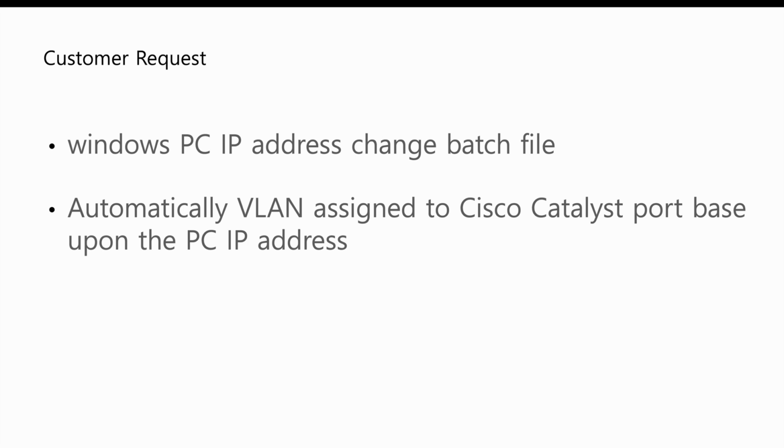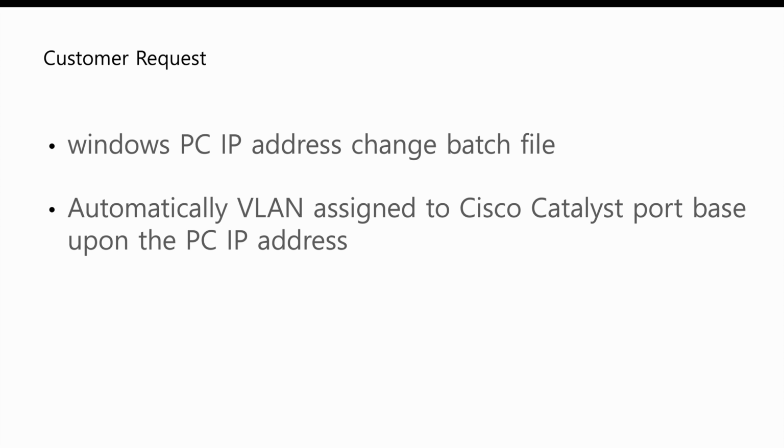At the weekend at home, I opened PyCharm and made the code. At the POC, I showed it to the customer, and the customer was very happy because the other vendor can't do it. All right, this is the IP address based automatic VLAN assignment.